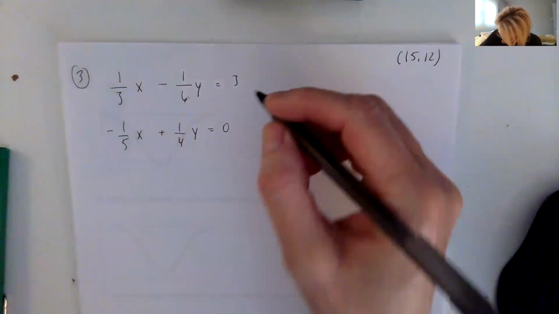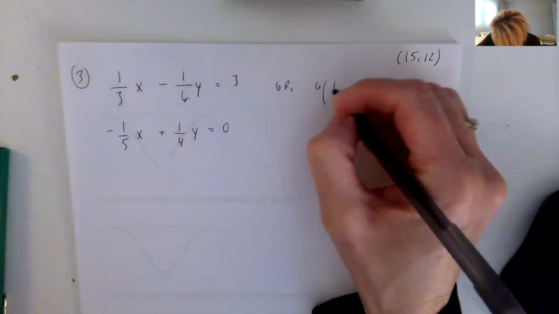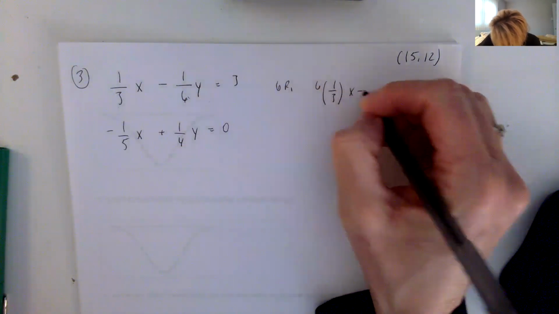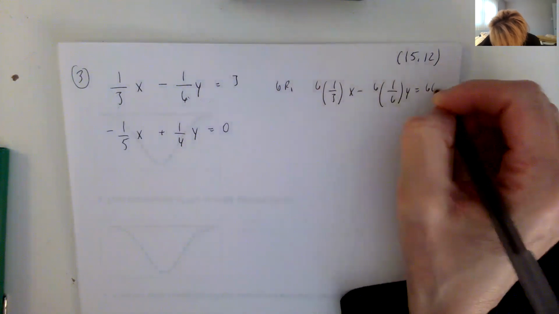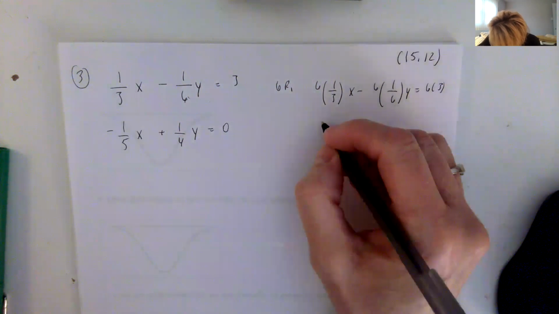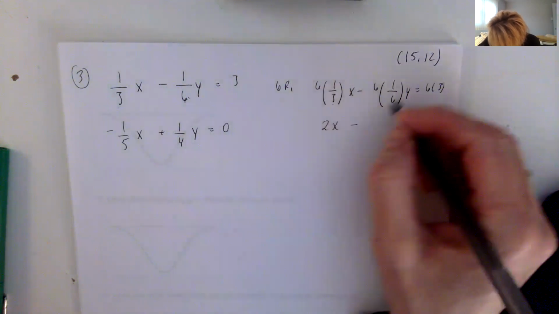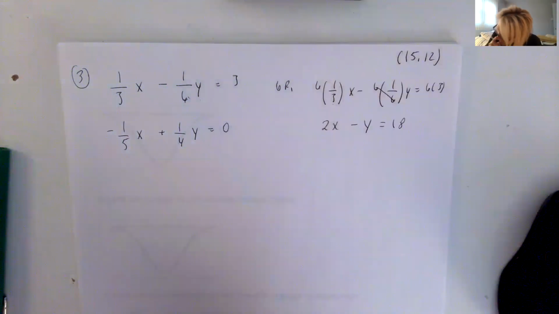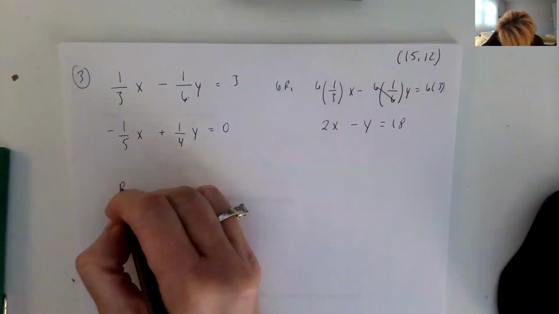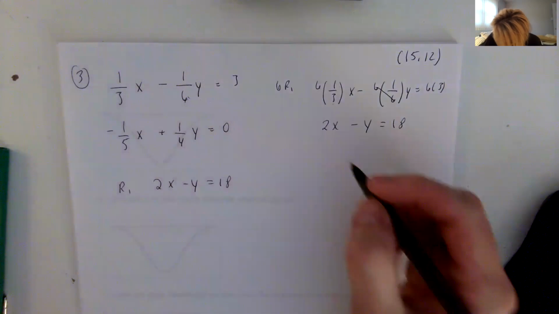So if I do 6 times row 1, I get 6 times 1/3 x minus 6 times 1/6 y equals 6 times 3. So I get 6 over 3 is 2x, and then my 6 is canceled there, and we're left with y equals 18. So that's going to be my new row 1 down here. 2x minus y equals 18.